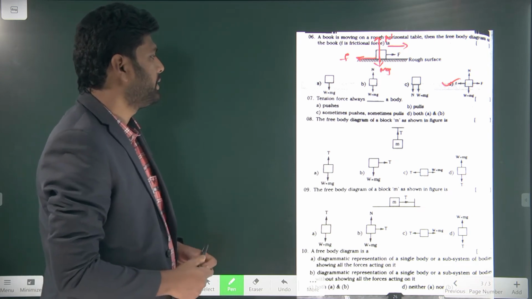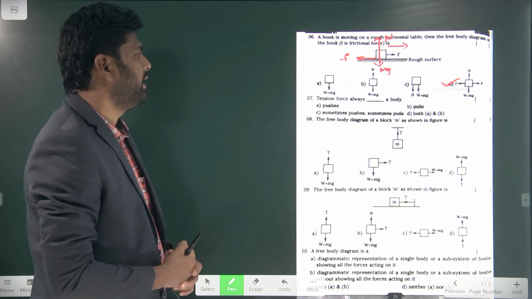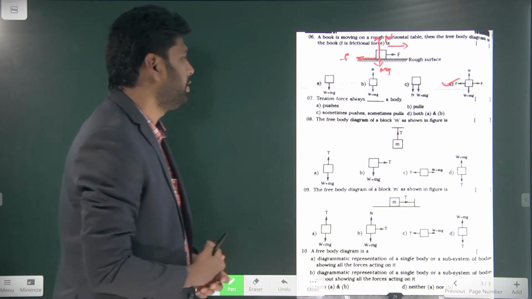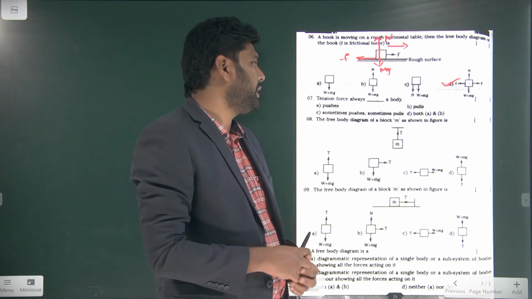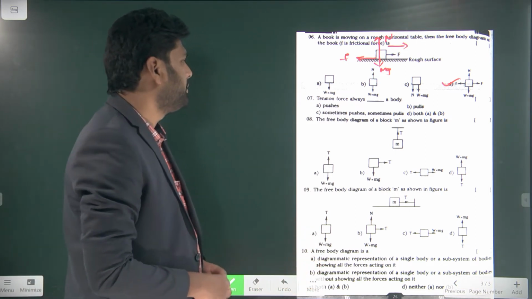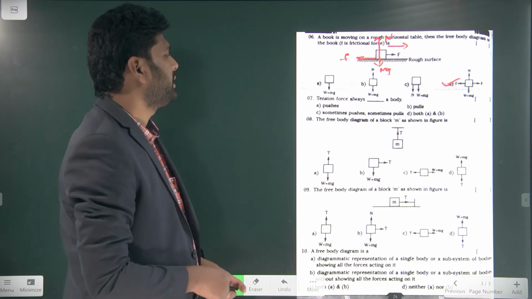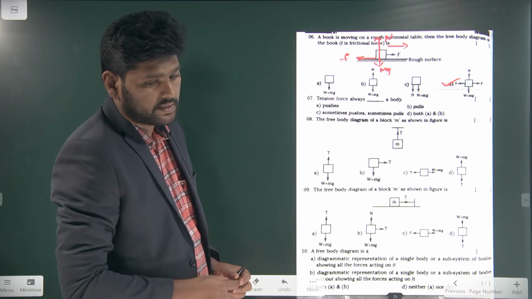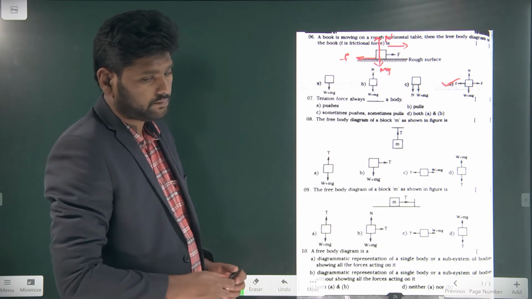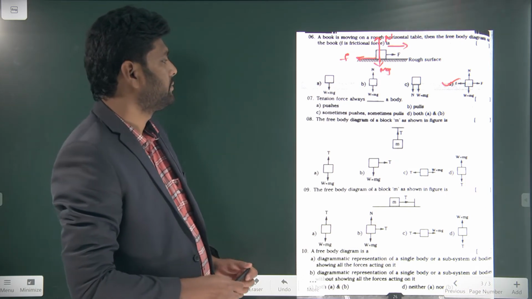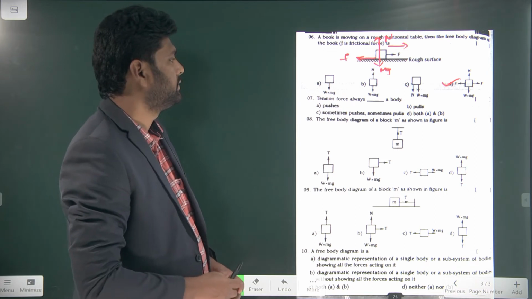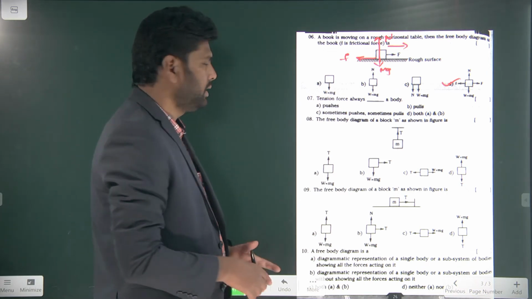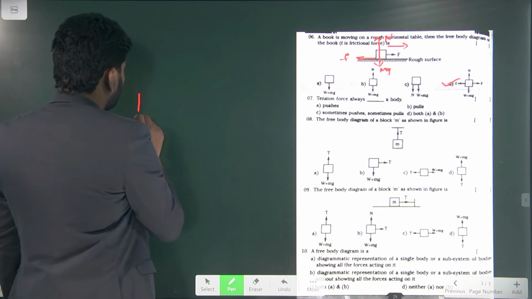Next, tension force always pulls a body, or sometimes pushes, sometimes pulls? Both D and B. Which one is the correct answer? Observe, for example, this is a toy.